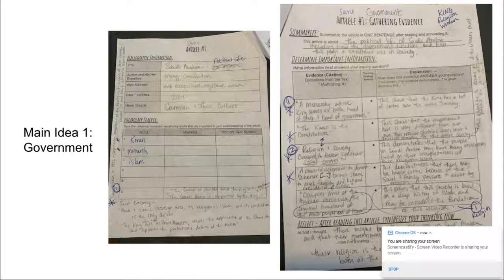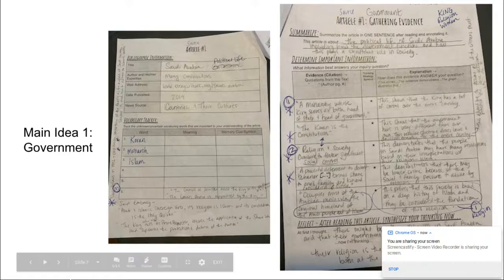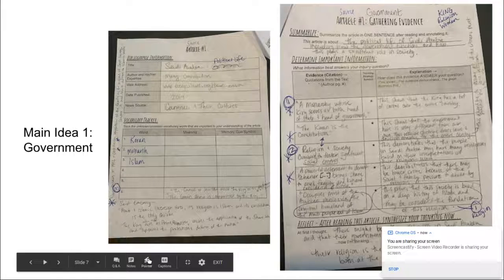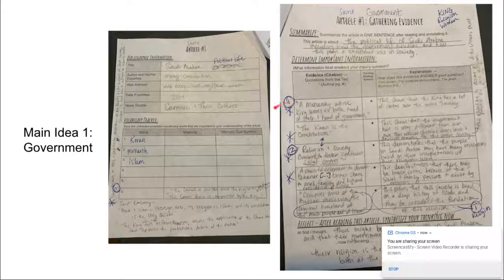For the first main idea, which was the government, I was thinking, okay, what makes sense to start with? I found all these different citations. Where should I begin? How will other people understand how this government works? I thought it would make sense to start with highlighting that it's a monarchy, and I found out all sorts of things about how this king has all sorts of different titles.